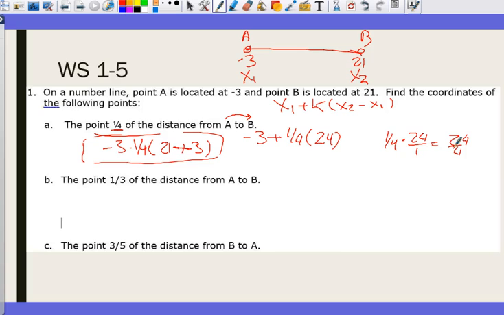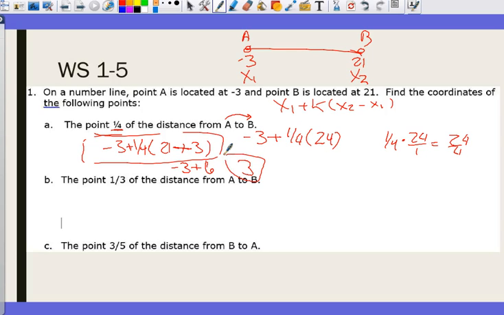So we have -3 plus 6. -3 plus 6 is going to be what? 3. Okay, I know you can get it by counting, so if they got 3 by counting, you can give them credit.